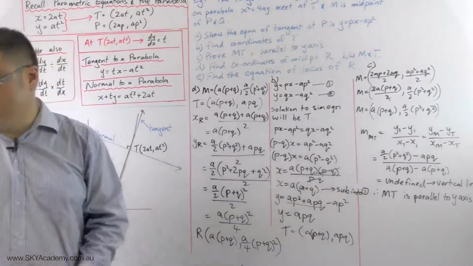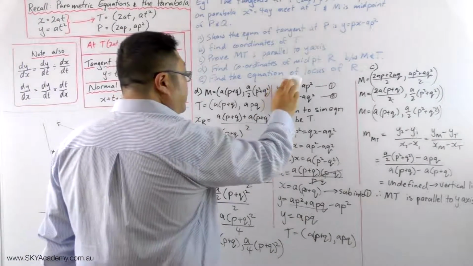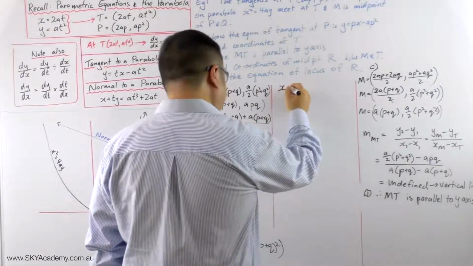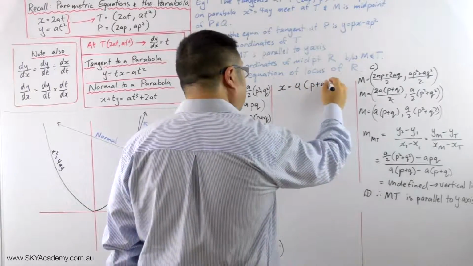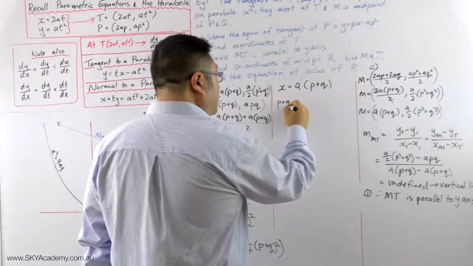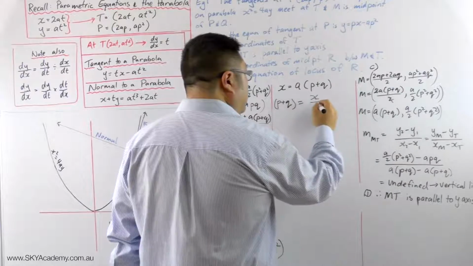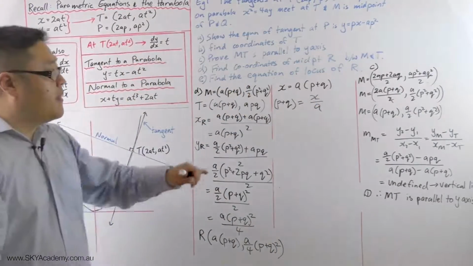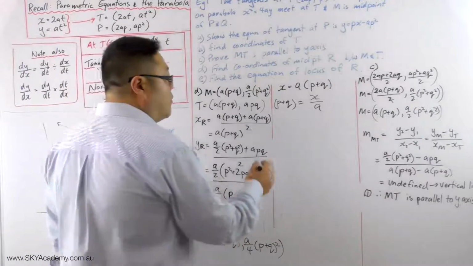And then the last one says find the equation of the locus of R. All right, so I'm going to rub this bit out and do the rest of that here. Now, if your x coordinate equals a outside of p plus q, then p plus q is going to be equal to x on a. Does that make sense? That's going to be very important because we're going to substitute that into your y.